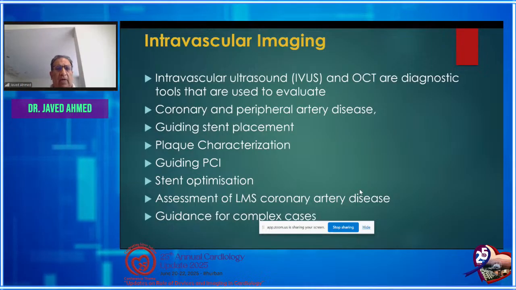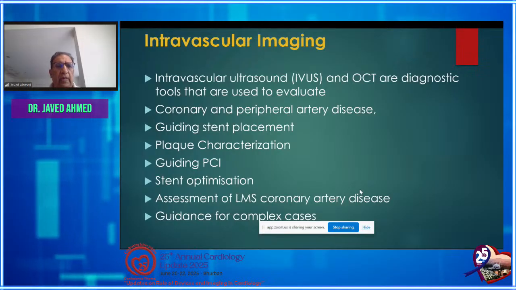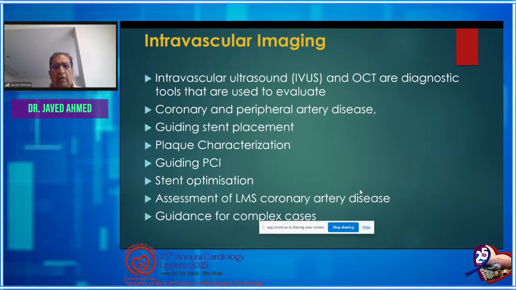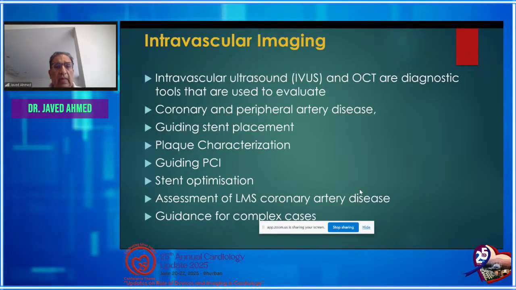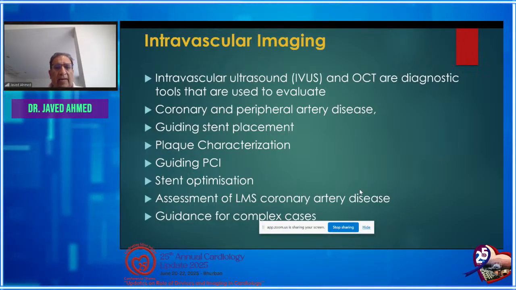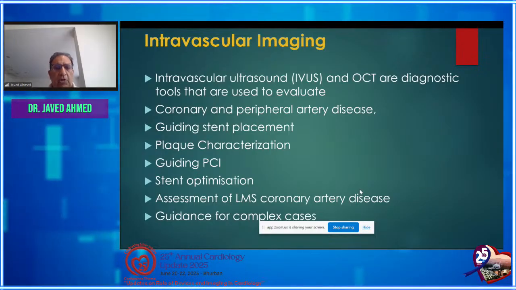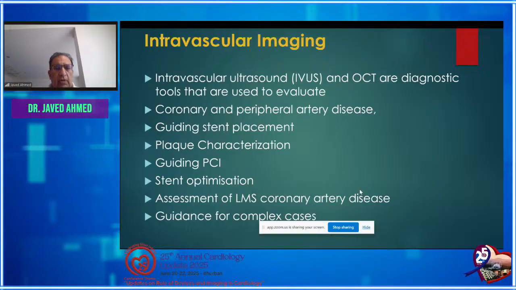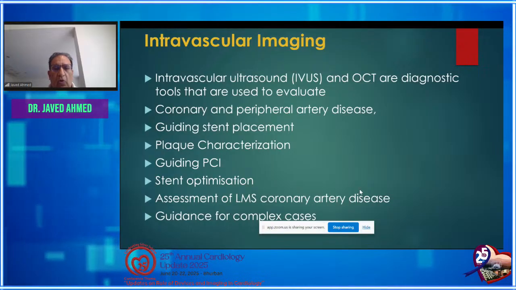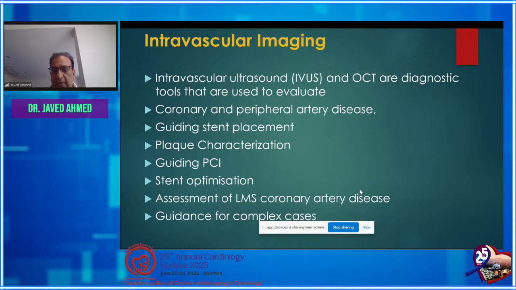What are the common indications for intravascular imaging? You can use intravascular imaging and OCT to evaluate the coronary and peripheral arteries, guide stent placement, characterize plaque, guide PCI, optimize stents, assess left main coronary artery disease, and guide complex cases.